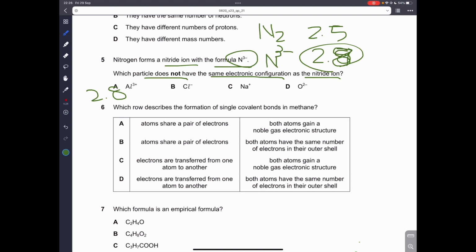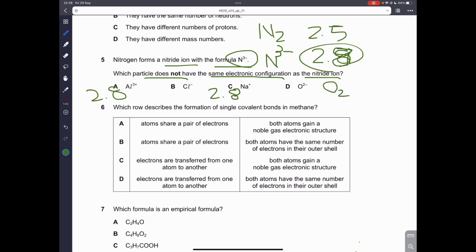Now let's look at sodium. Sodium, we usually write it 2.8.1, because it has a +1 charge. We know that it loses 1 electron. That 1 electron is being transferred into another atom, and therefore it's going to have an electronic configuration which is the same as the nitride ion. For the oxygen ion as well, this goes the same way.